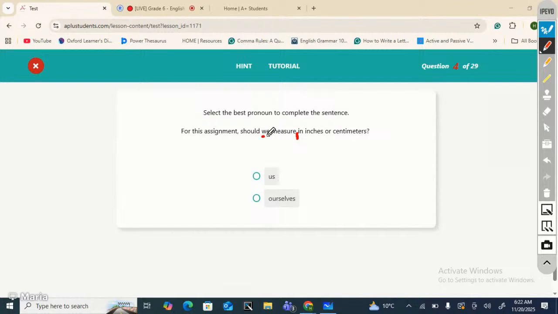Well, we is the subject. So if we is the subject, which reflexive pronoun is used? We are not going to use the personal pronoun us here, because we need a pronoun which refers back to the subject of the sentence. So we measure ourselves.